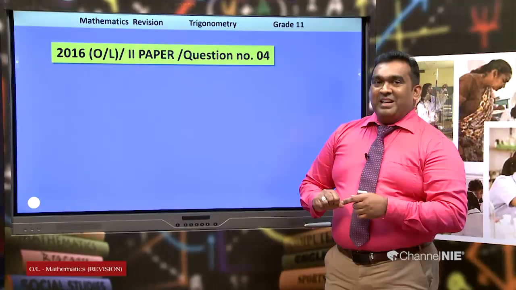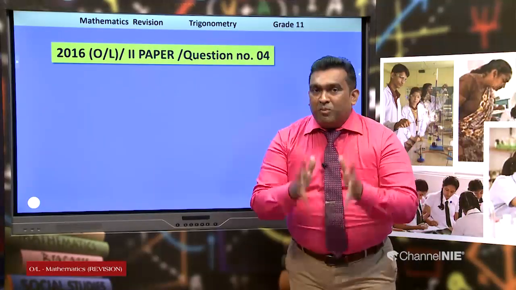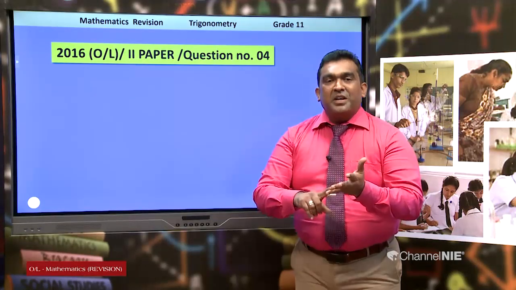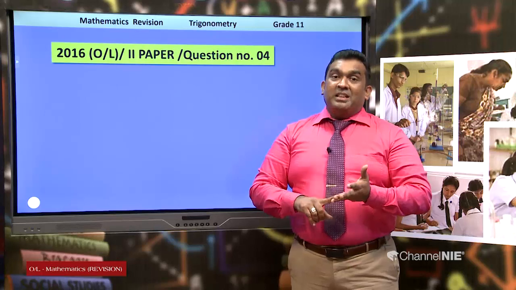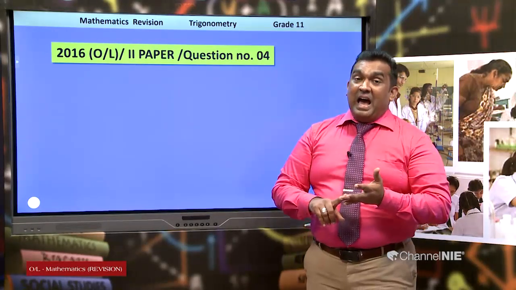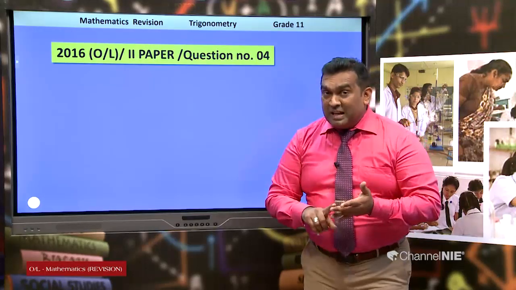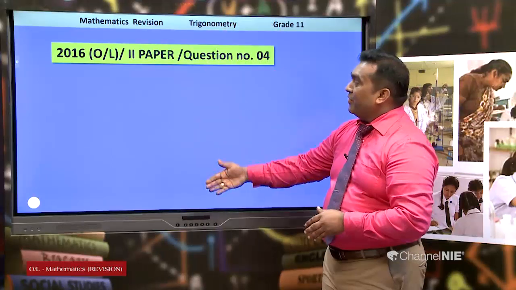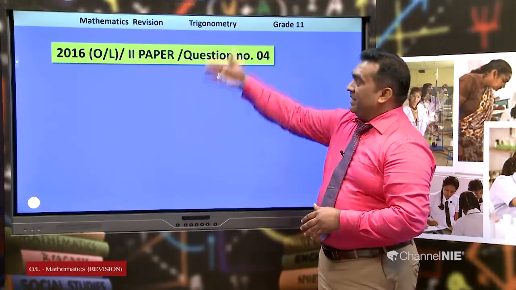Trigonometry. If you want to do a problem based on trigonometry, first you have to identify trigonometric ratios. Then angles in a horizontal plane, angles in a vertical plane. Can you remember? This is a vertical plane, right?